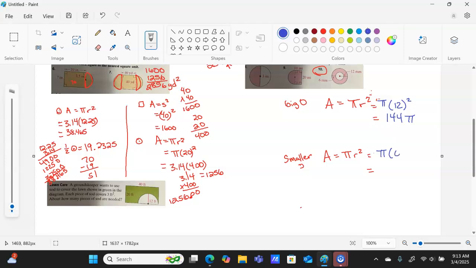Here, pi times 6 squared is 36 pi. And so I have 144 pi minus 36 pi's. So kind of treat your pi like it's a variable. So I have 144 of them minus 36 of them would be 108 of them. And so then if you take 3.14 times 108, you're going to get that same 339 that we got just a minute ago.